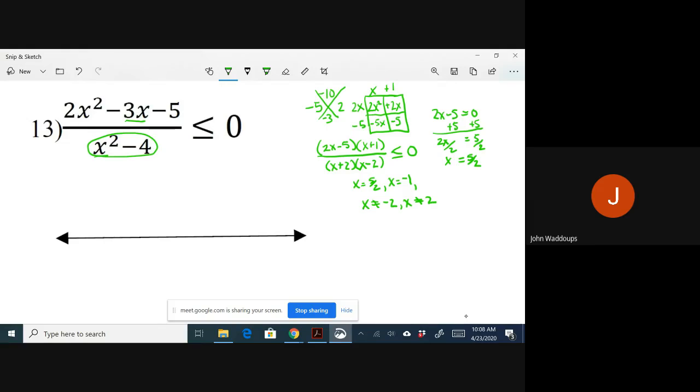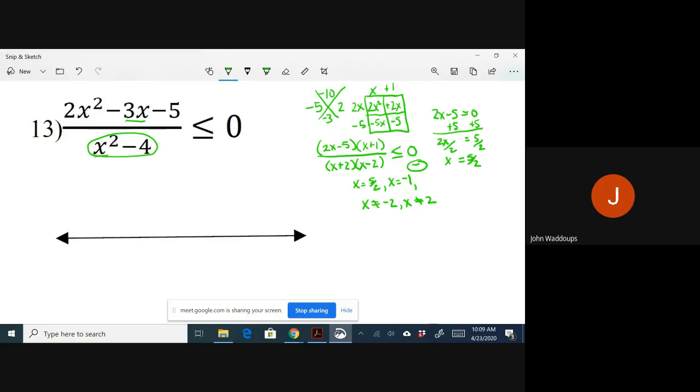If x equals 2, 2 minus 2 is 0, so you can't divide by 0. But in the numerator, you can have zeros. That's okay. And in this case, because it can be less than or equal to 0, it's going to work. And then we're going to use a closed dot for those two numbers in the numerator. Since it's less than, we're looking for a negative result.